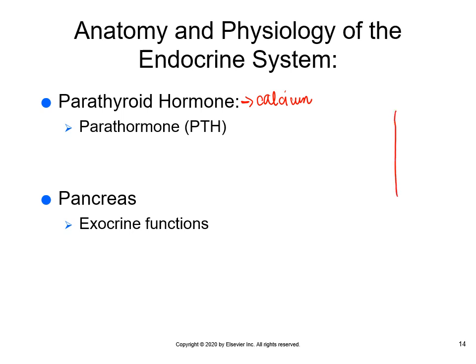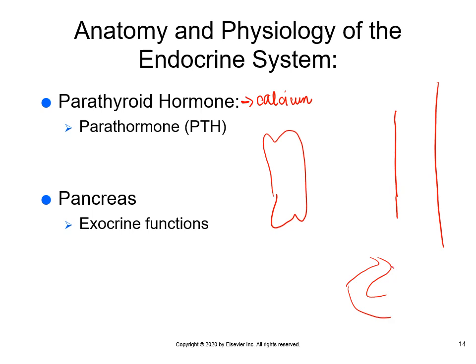So this is the blood vessel, right? This is bone. Let's say this is the GI, the intestines, right? What happens is that when there's a decrease in calcium in the blood, for example, calcium, calcium, calcium.